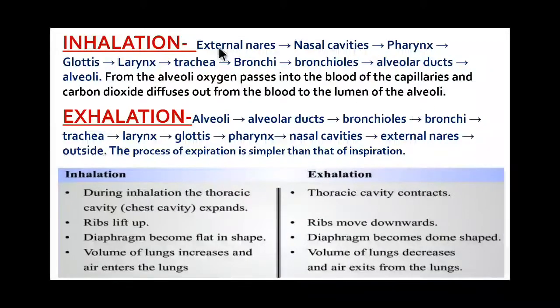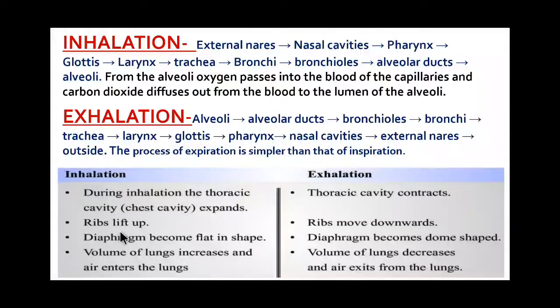Okay, now during both these processes the chest contracts or relaxes, and the diaphragm contracts or relaxes. Okay, so this is the difference between inhalation and exhalation. During inhalation the thoracic cavity expands, so here it will contract.